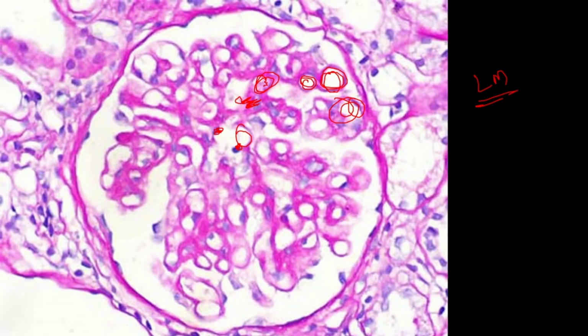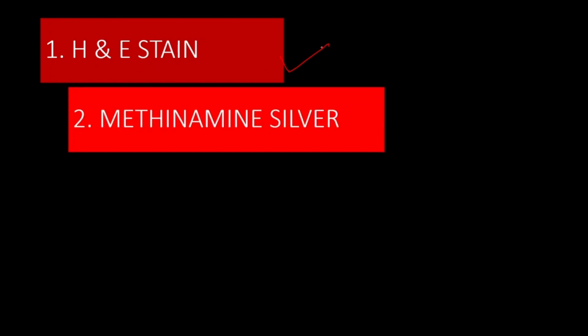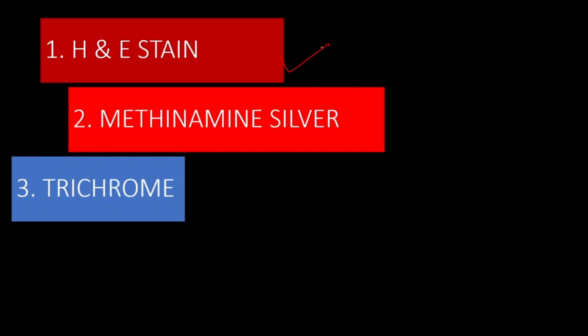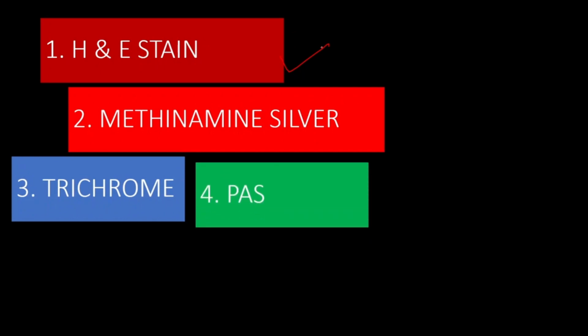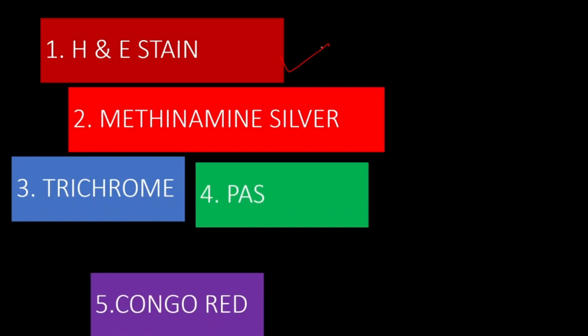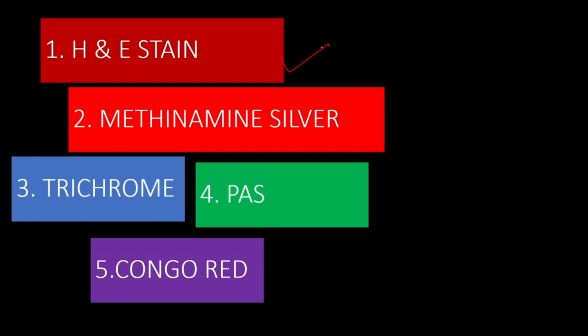There are various kinds of cells, and each has affinity for different kinds of stains. That is why multiple color stains are used. In light microscopy, we use the routine eosin and hematoxylin stain, methenamine silver stain, Masson trichrome stain, periodic acid-Schiff, and Congo red. These are all the commonly used stains for light microscopy.